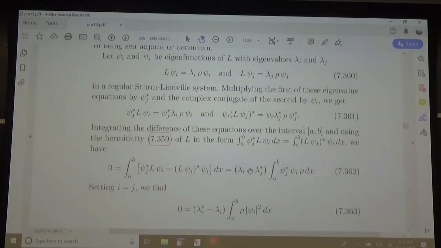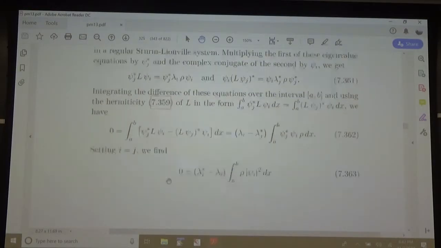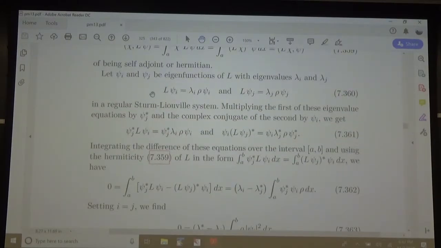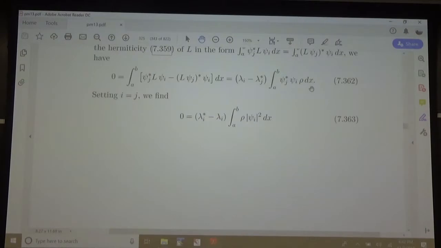One then has that if psi i and psi j are two eigenfunctions of the SL differential equation with different eigenvalues, then on multiplying one by the other and so forth, we get this equation here. In other words, we multiply this by, say, psi j star and integrate. This is an integral of psi j star, psi i rho dx, and we have the difference of the eigenvalues.